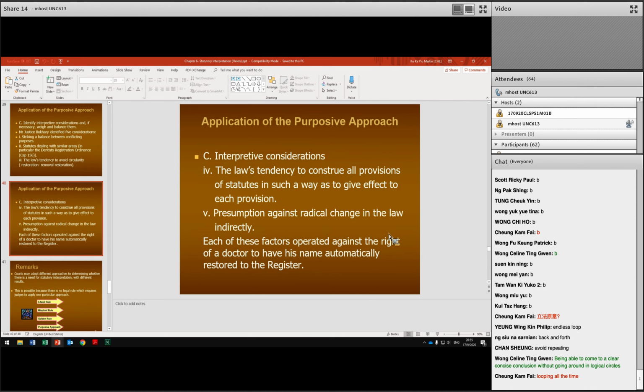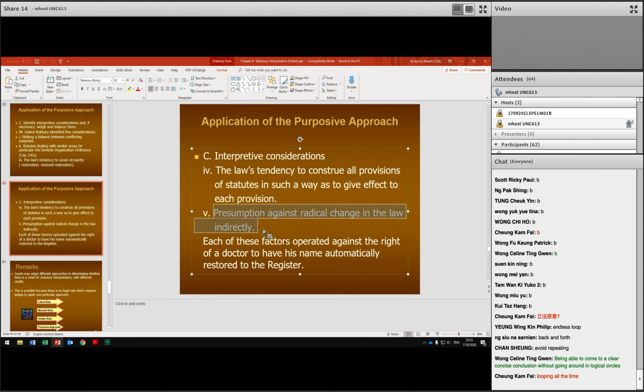And also number 5, presumption against change in the law indirectly. It's also a quite important concept. Because if the court interprets the law in a very different way from what most people think, it may amount to amendment in law. 釋法會相等於修法修改法律。So if the government wants to amend the law, the government should go through the necessary legislative process.